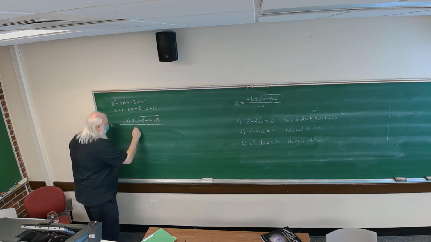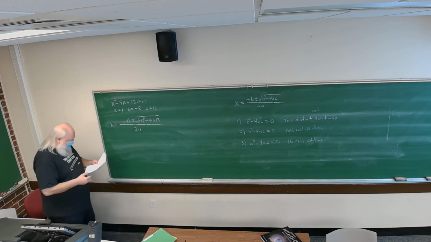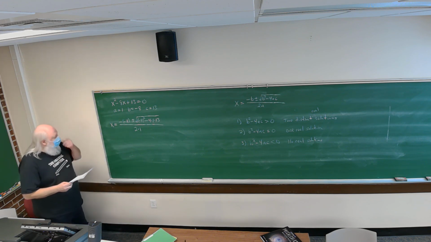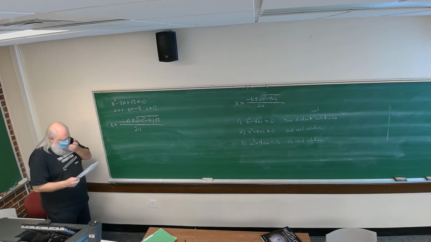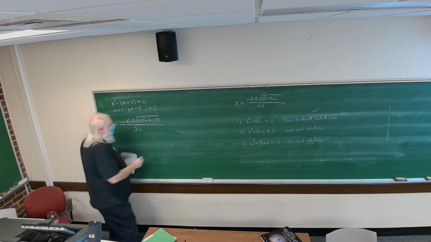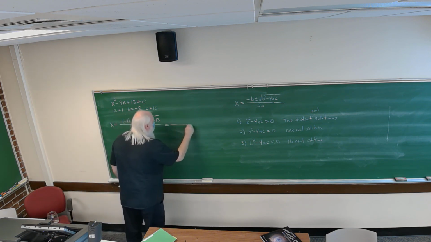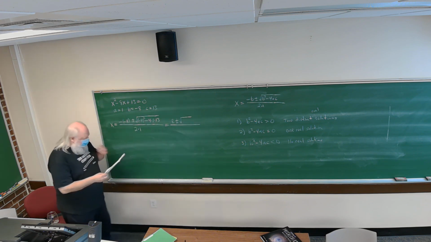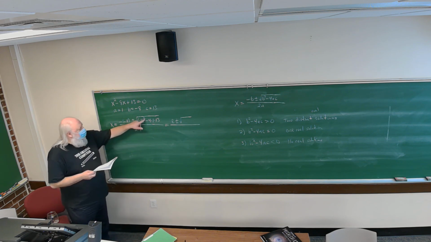And all that is divided by 2 times a, which is 2 times 1 in this case. Well, the negative of negative 8 is plus 8.